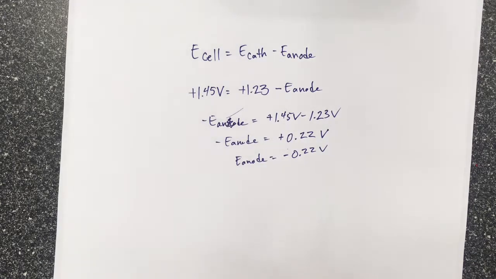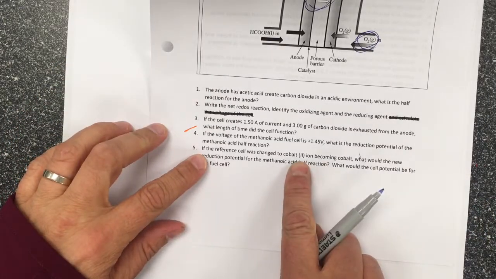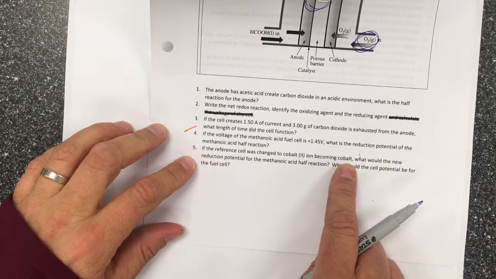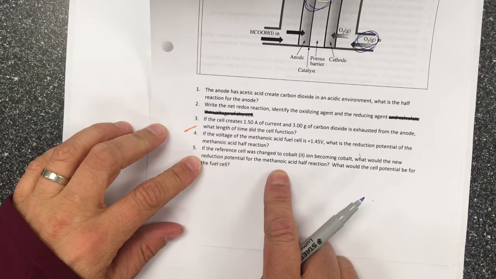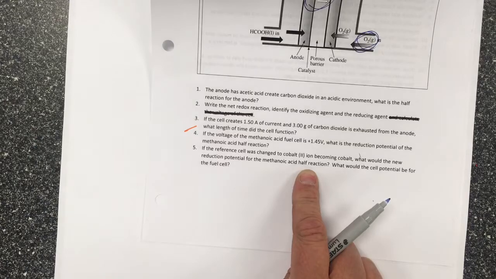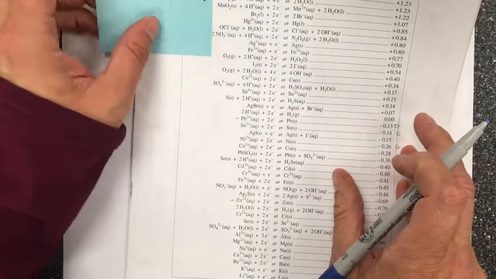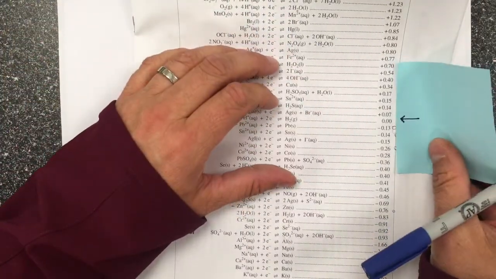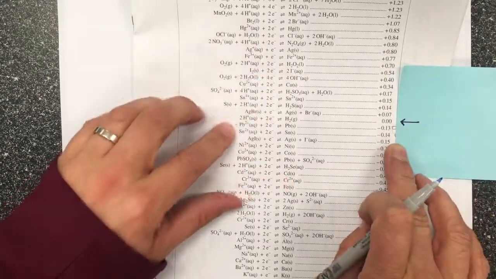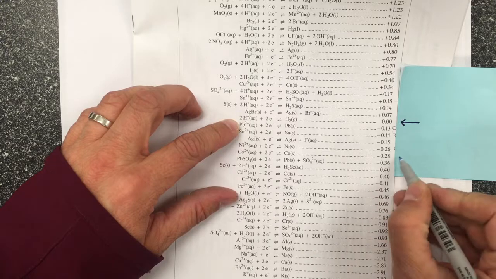The other part of the question says, if the reference cell was changed to cobalt-2 ion becoming cobalt, what would the new reduction potential for the methanoic acid half reaction be? What they're saying is that normally everything is referenced against the hydrogen half reaction, and so it's negative 0.22.